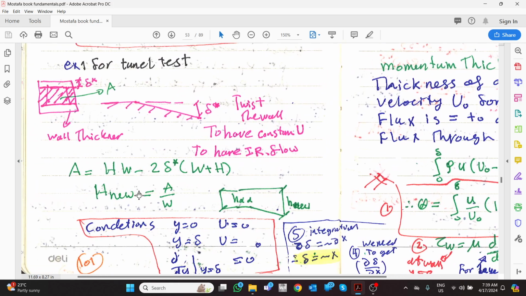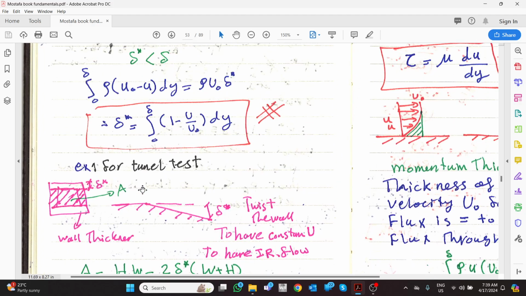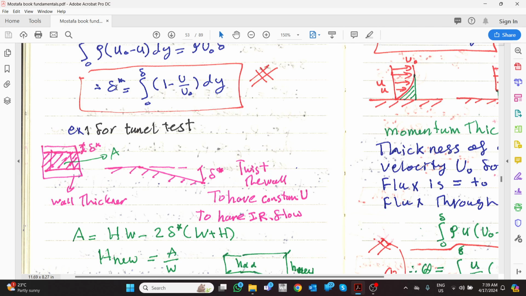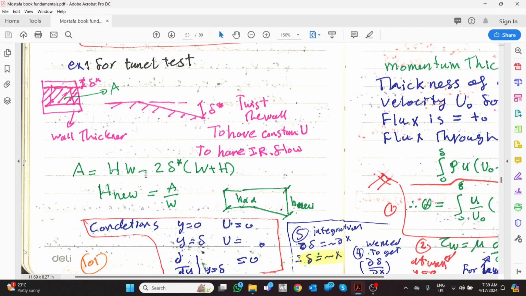It is very simple. After you make that integration, you will get the displacement thickness at this certain point. Here you take u by u naught, where u is at here, over u naught, u at here over u naught, etc. So with dy, you will get the displacement thickness. When you have the displacement thickness, it's very simple.